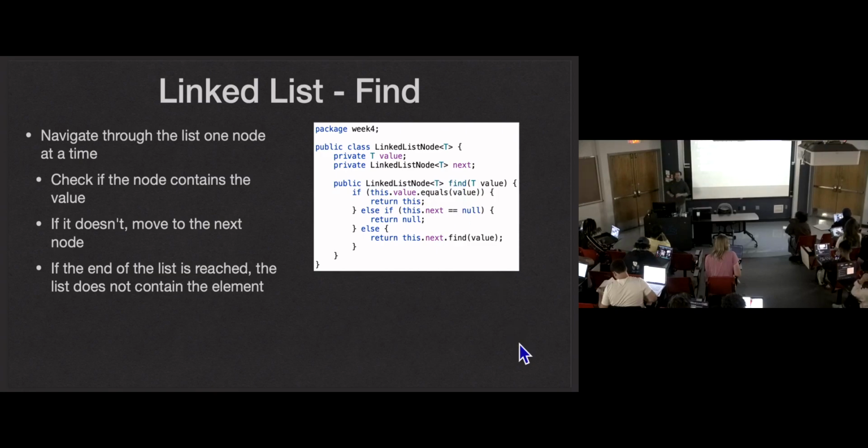We often, when we're finding, especially in a linked list, want to return a reference to the node that contains the value, because with linked lists, we usually have to have a reference to the node if we want to manipulate the linked list at all. So if we want to add elements, maybe we want to find where a value is, because we want to insert a node right after the node containing that value. Maybe that's our use case. We want a reference to that node so we can manipulate its .next to be a reference to a new node, and then have the reference of that node be a reference to the old next.